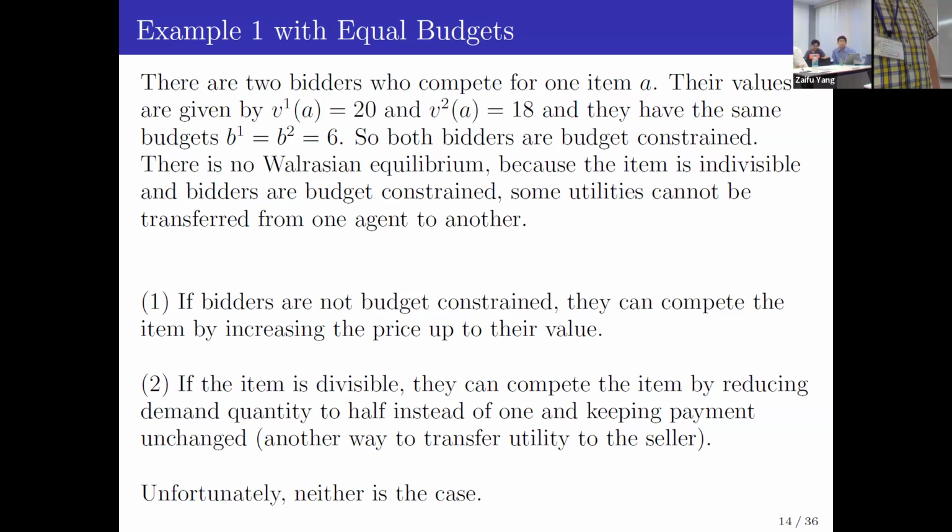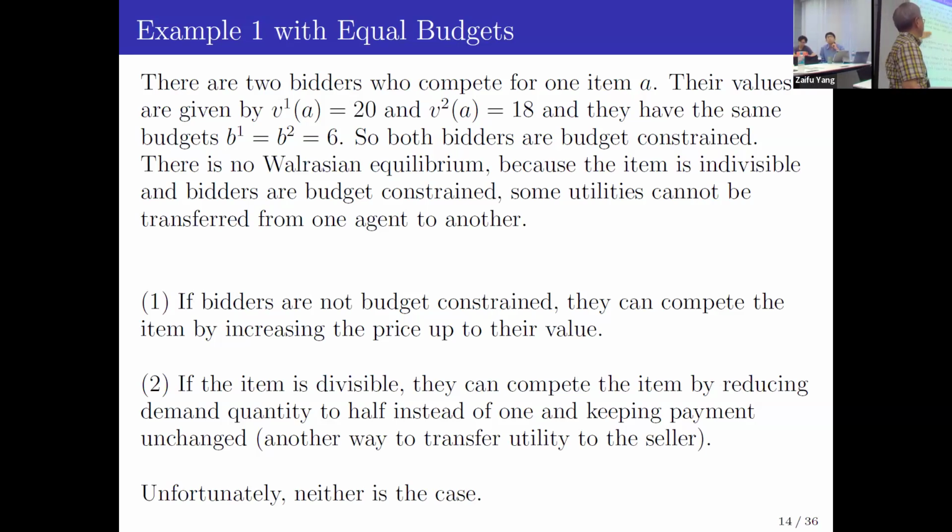This is basically because the item is indivisible and the bidders are budget constrained. It means some utilities cannot be transferred from one agent to another. If this is not the case, we actually have a competitive equilibrium.